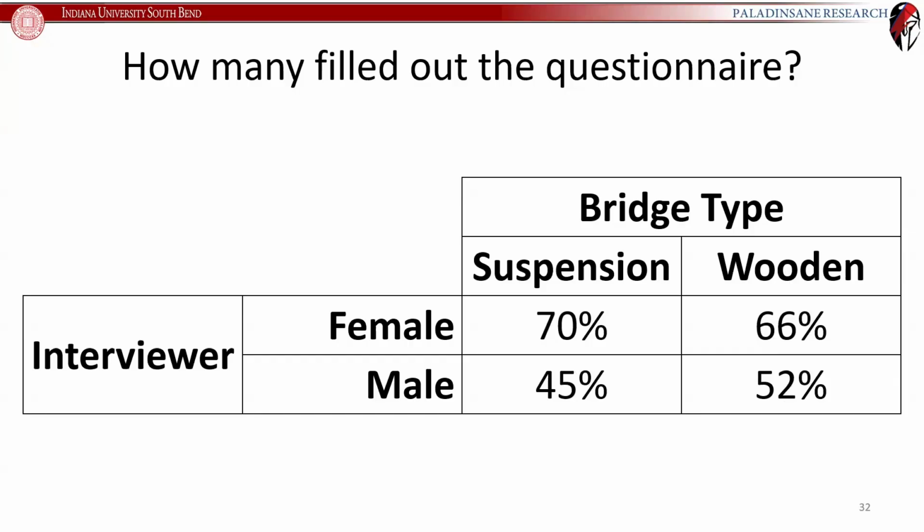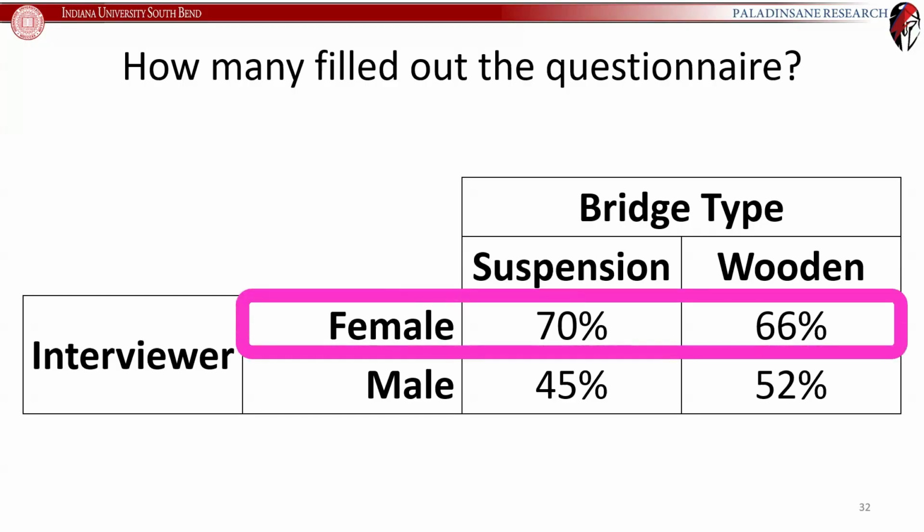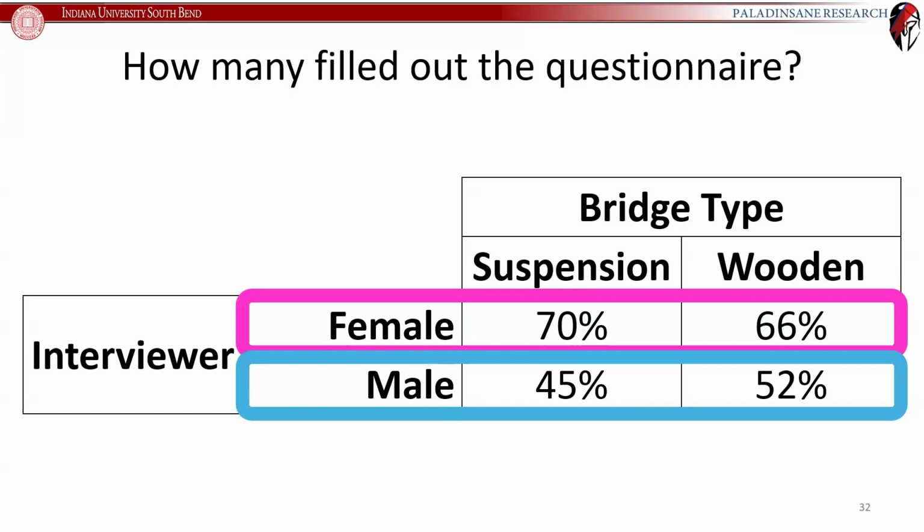And now you can start to see a little bit more of the story that is being told here. Now you can start to think to yourself, well, okay, there's a story here for the difference between a suspension bridge and a wooden bridge. And is that story different for a female interviewer approaching these male subjects versus a male interviewer approaching these male subjects?